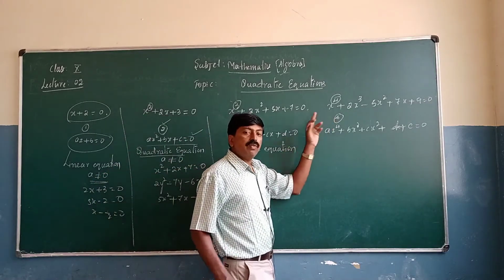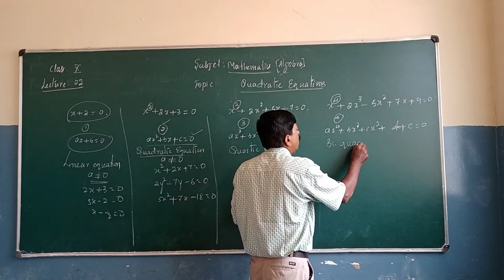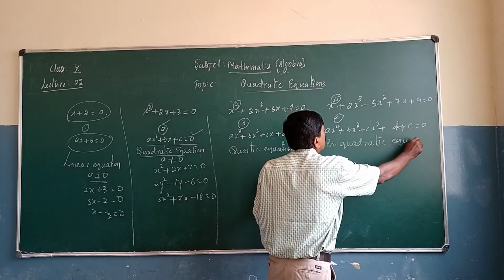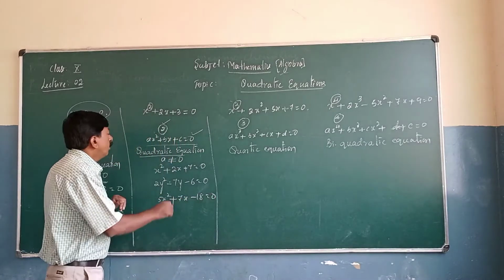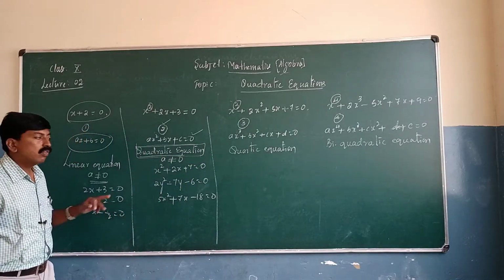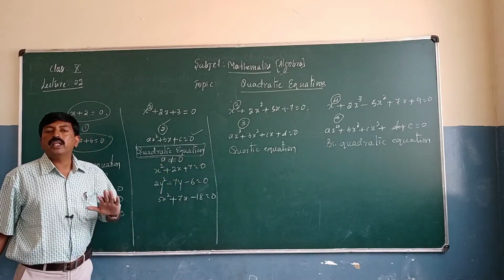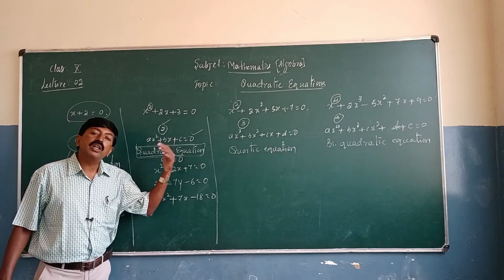An equation of degree 4 is called a biquadratic equation. Now, for 10th standard, we have to study quadratic equations. Cubic and biquadratic equations we have to study in your higher classes.